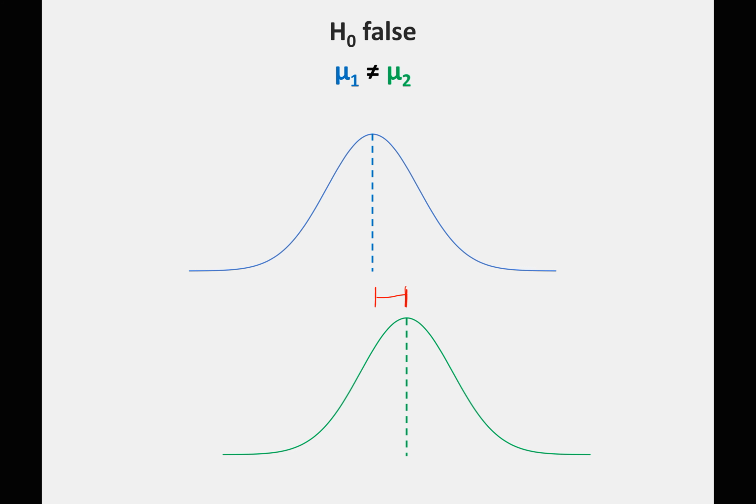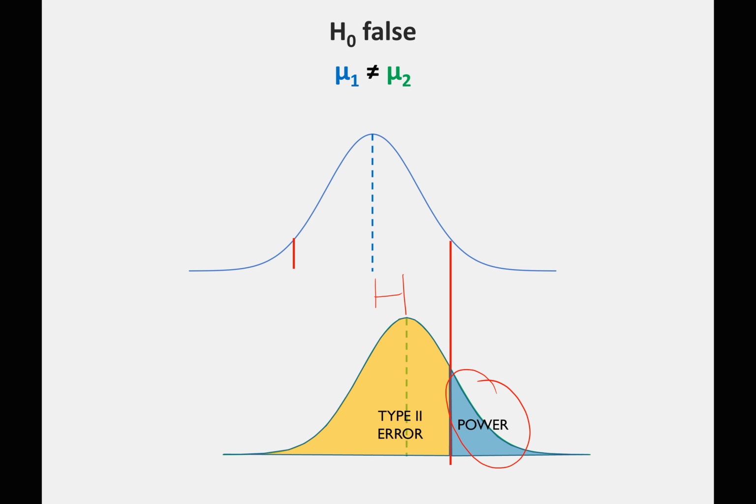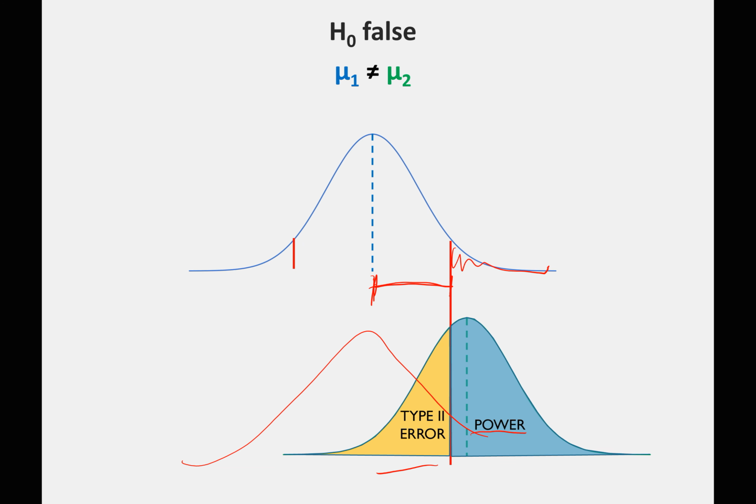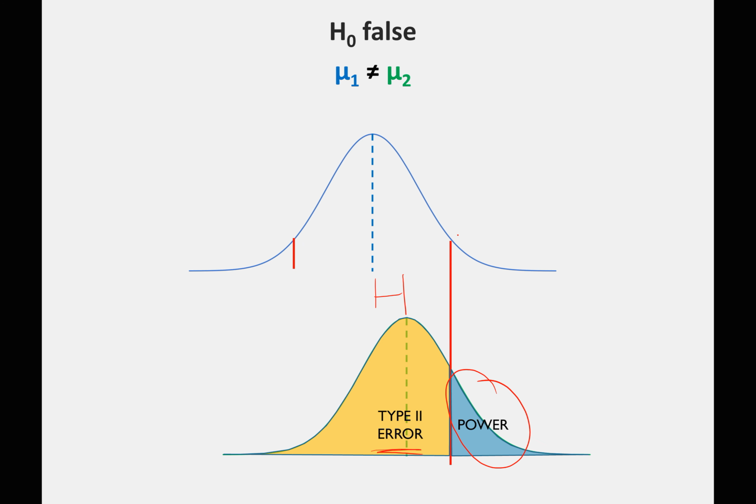What happens? Well, if we're drawing in our rejection regions, you can see that since they're closer together, our power goes way down and our chance of making a type 2 error goes way up, right? If we compare that to this guy, this had a lot more power. This one, our chance of making the right decision is much smaller, and our chance of making the wrong decision is much bigger.